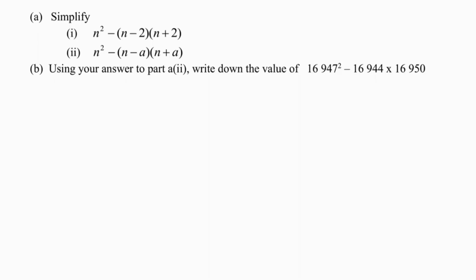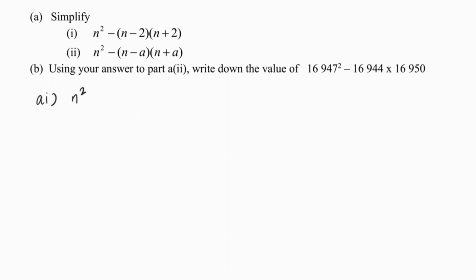Hello everyone, welcome to this example where we are required to simplify two expressions in part A and use the answer to A part 2 to find the value of this numeral expression. Let's work on part A part 1 and A part 2 first.